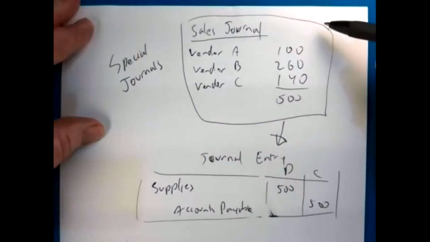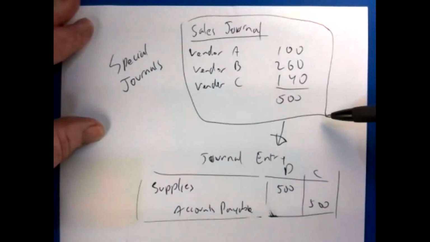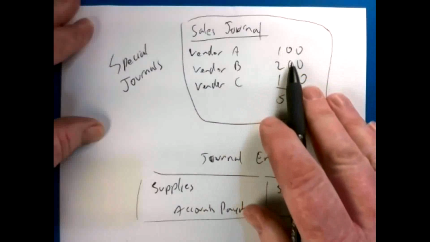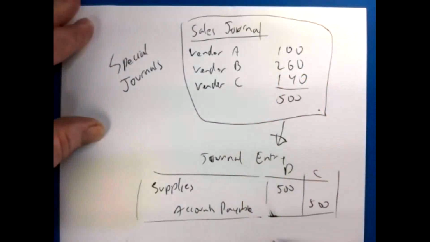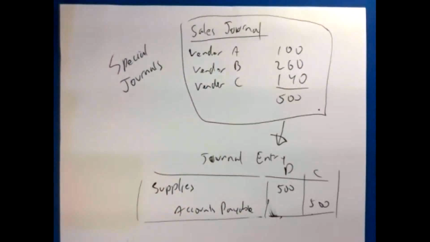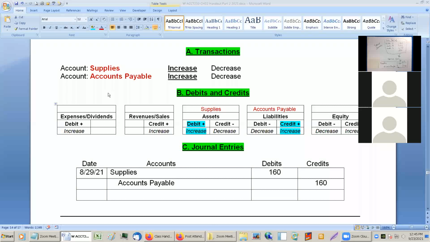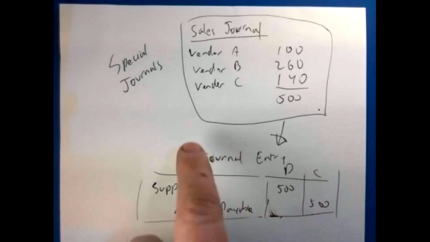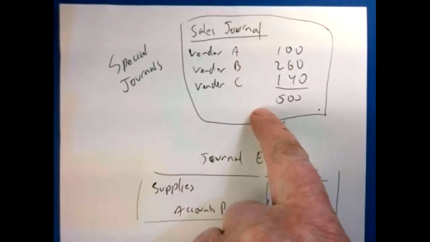But all they really are is saying, okay, all of these are going to get the same journal entry. So we'll go through the sales journal when we get a journal of all of them. And this is just a list, but it'll make a journal entry at the end that looks like that. So they do go in on journal entries. It isn't that they don't have journal entries. It's just that if you're doing this as an accountant, you'll probably be working more with the regular journal entry.